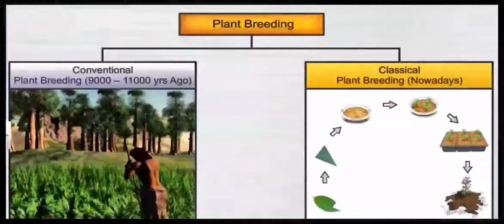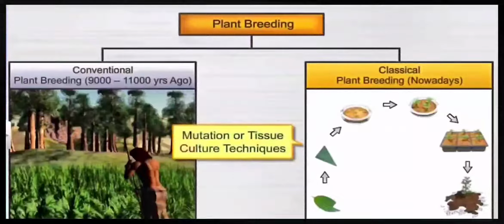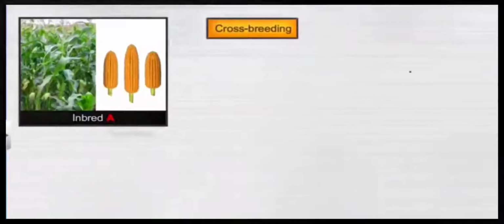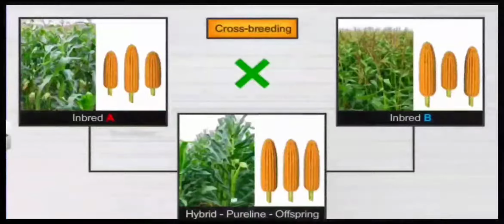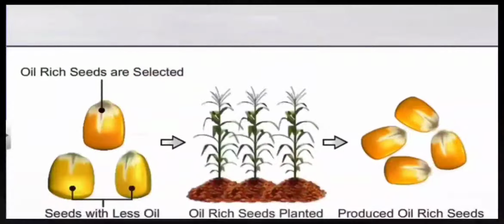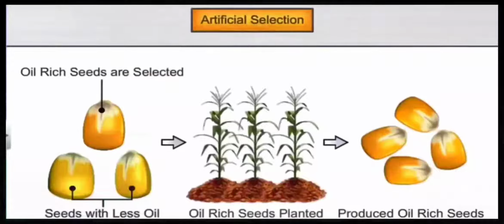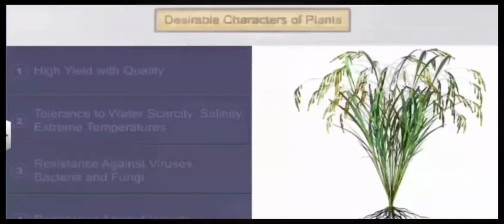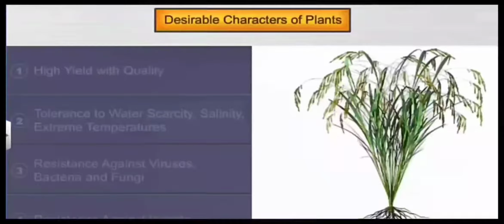So what is the need? The need is to adopt new methods which are called classical plant breeding methods, which include mutation breeding and tissue culture methods. So these crossbreeding methods include artificial selection of good varieties of crop.